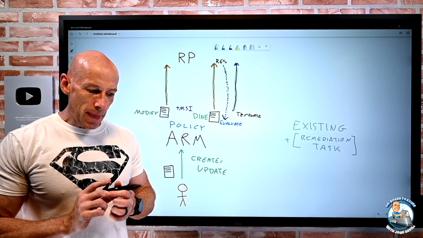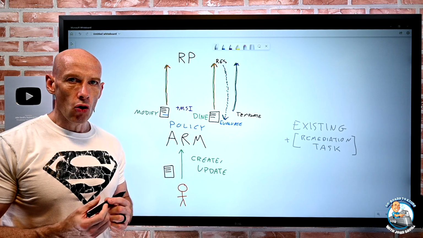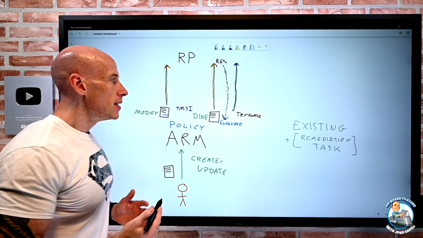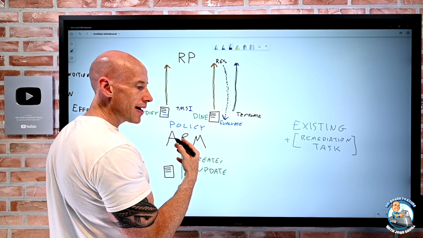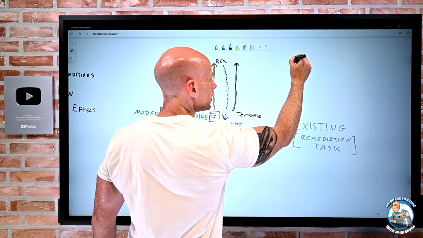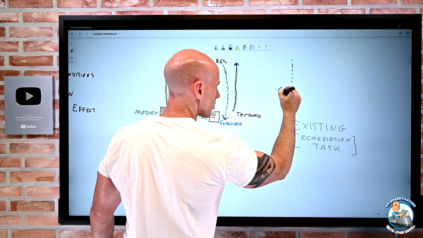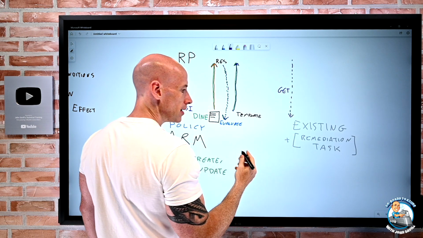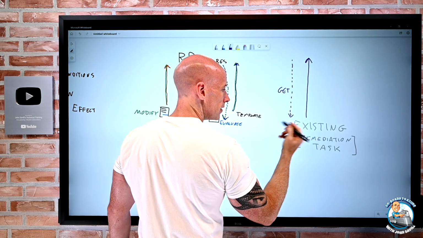Now if I think about existing resources, this is where the managed service identity always has to be used. For both modify and deploy if not exists, I have to get the resource. It uses the managed service identity if I do a modify.